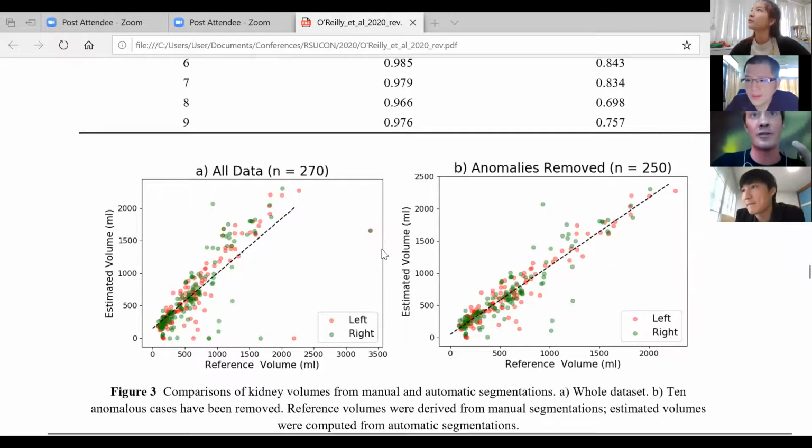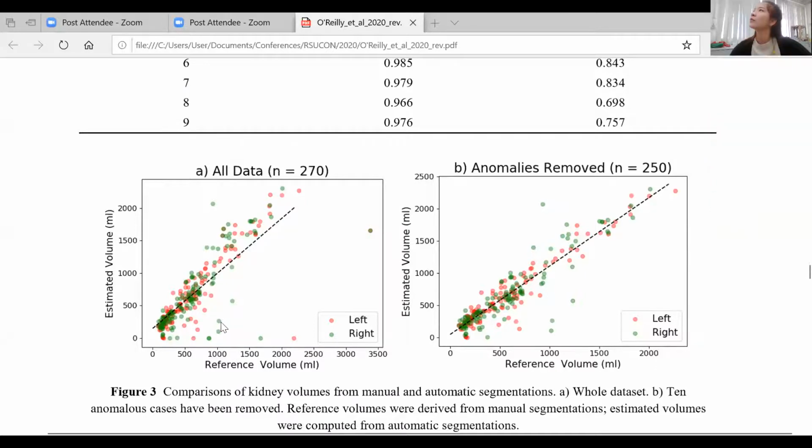Okay, so that's on the left-hand side. This outlier is present, but on the right-hand side, this outlier and some cases along the bottom, which had 0, have been removed. When the algorithm was first run, they had 0, but I've since tuned the algorithm, so it no longer provides 0 for kidney volume for these cases.